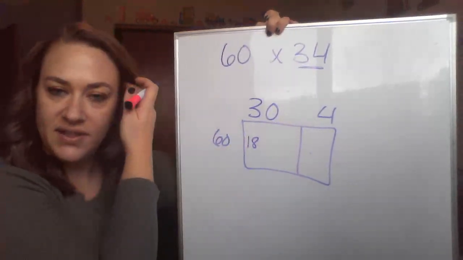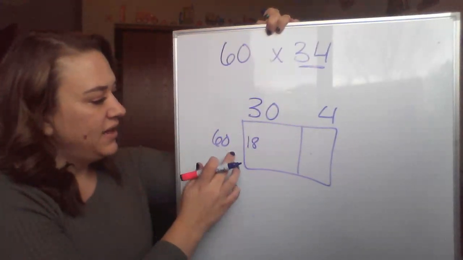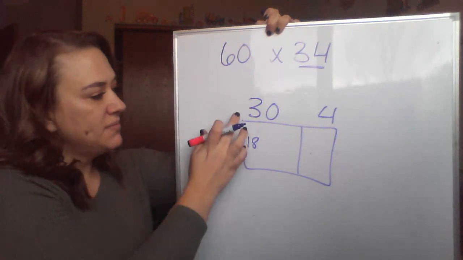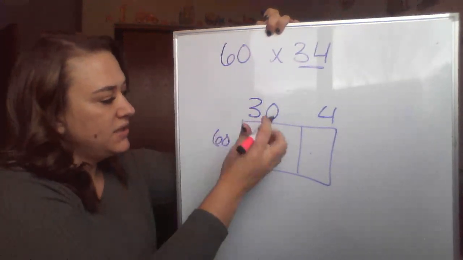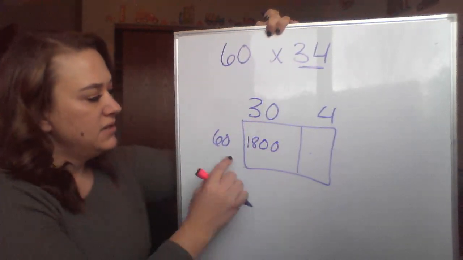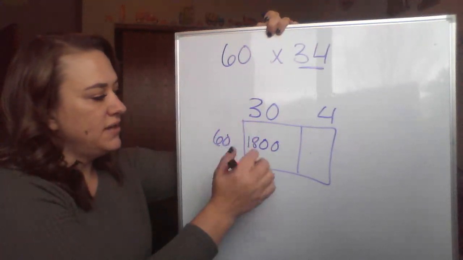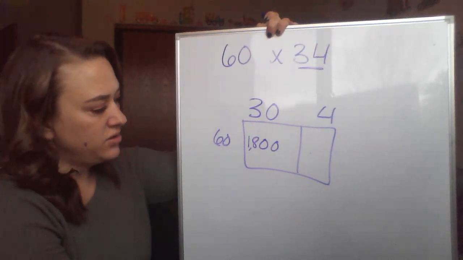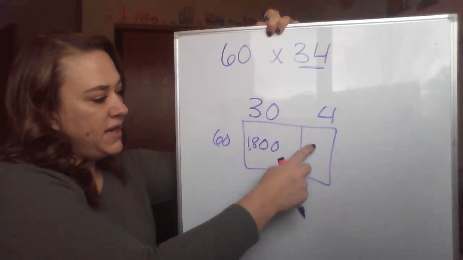It's a Friday afternoon, you can tell my brain was stuck. And we add our 2 zeros, so 6 times 3 is 18, 0 and 0. So 60 times 30 is 1,800.